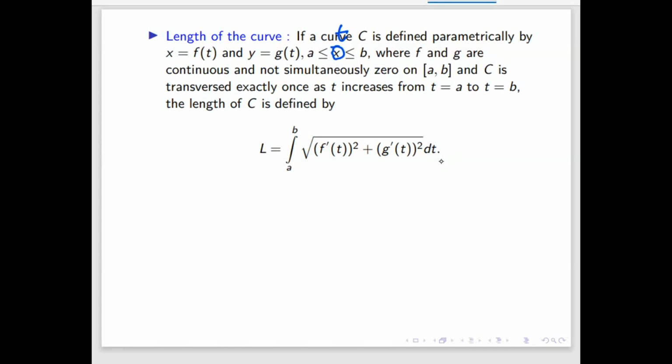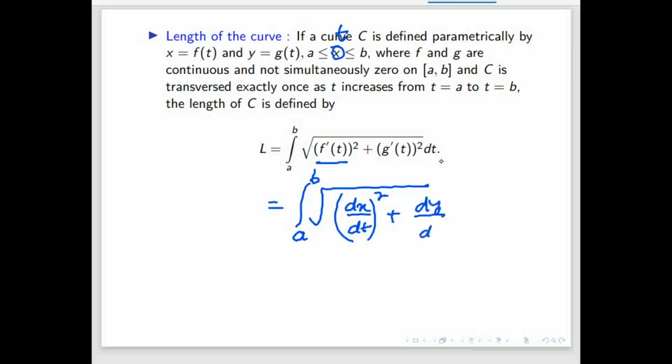So what is this f dash t? Here dx by dt. This is another version of the same formula. So f dash means dx by dt whole square, because if you differentiate x with respect to t, you will get f dash.